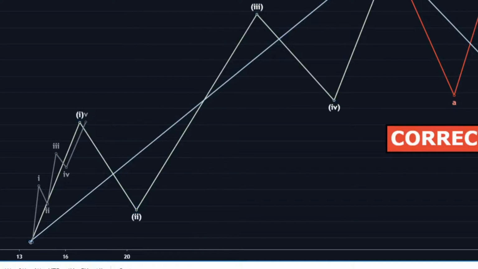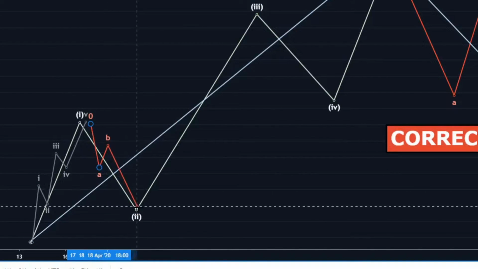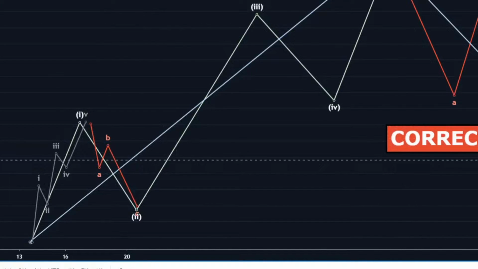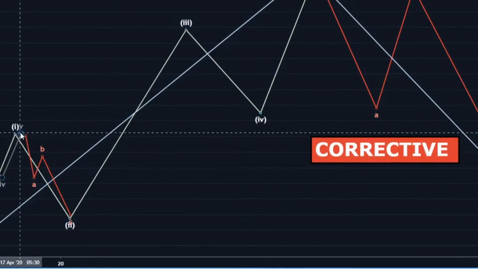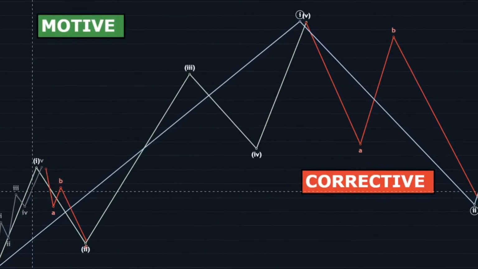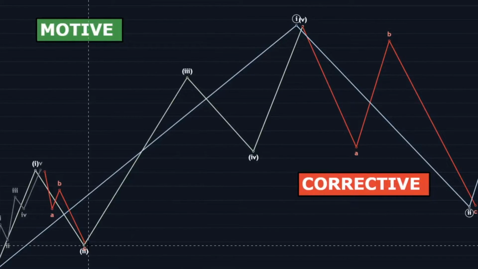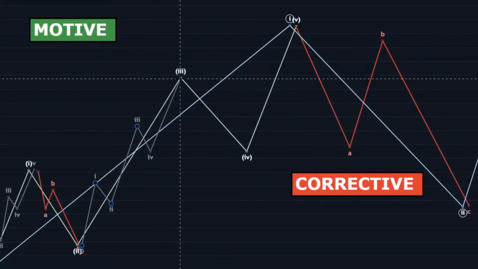Similarly, this 2 wave is made up of 3 waves, an A, B, C as well, just like this larger degree 2 wave. The 3 wave, exactly the same as the 1. 5 waves make up this as well. 1, 2, 3, 4, 5.